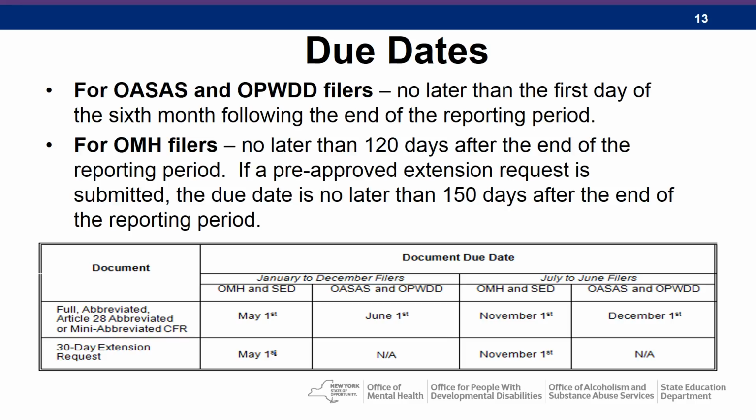If the date of your CFR is December 31st, the due date is May 1 for OMH, with an extension available to June 1. For OASAS and OPWDD, a December 31st CFR is due on June 1st.